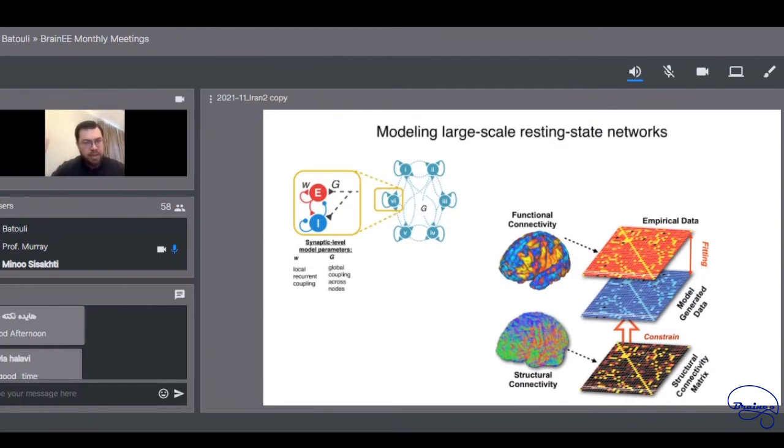And then we'll simulate neural activity. That will give us a model-generated functional connectivity, which we can compare to empirical patterns and do fitting of the synaptic model parameters to maximize that fit. That's the logic of the relatively simple style of modeling that we're going to be taking.